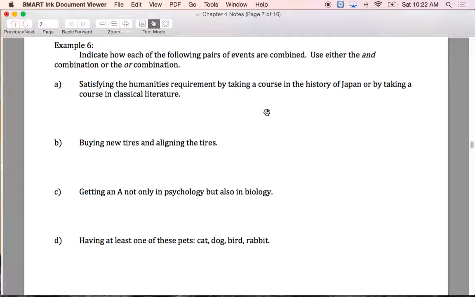Okay, so for example 6, we have to figure out if it is an and or an or. So for A, I have satisfying the humanities requirement by taking a course in the history of Japan or by taking a course in classical literature. Since we're looking at or, it's an or. For B, buying new cars and aligning the tires, that would be and.